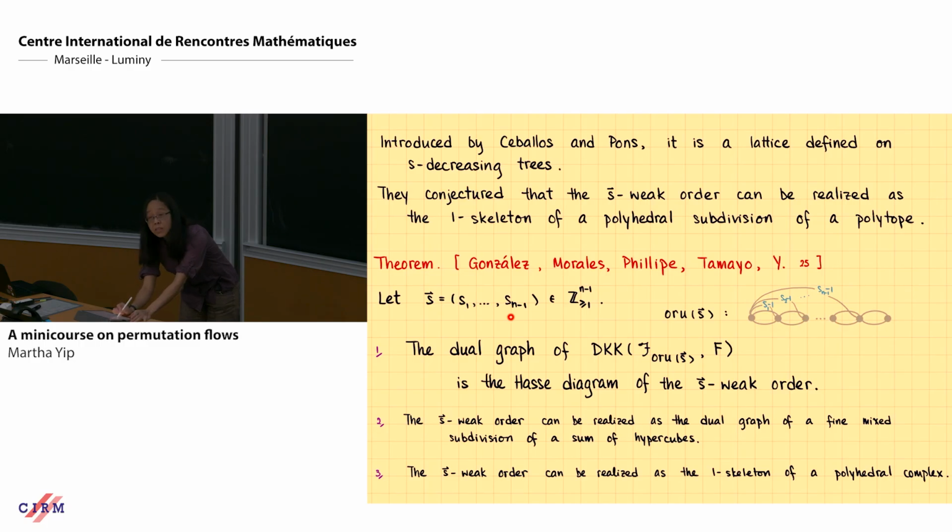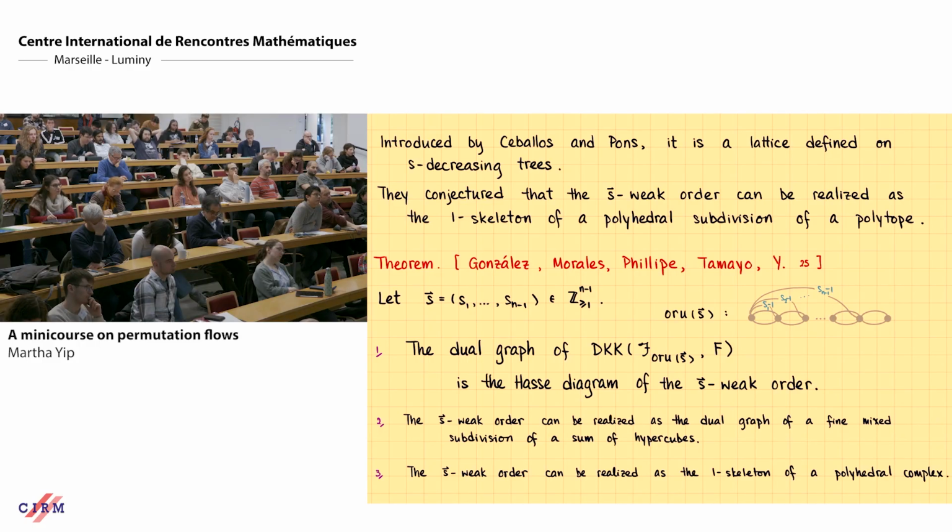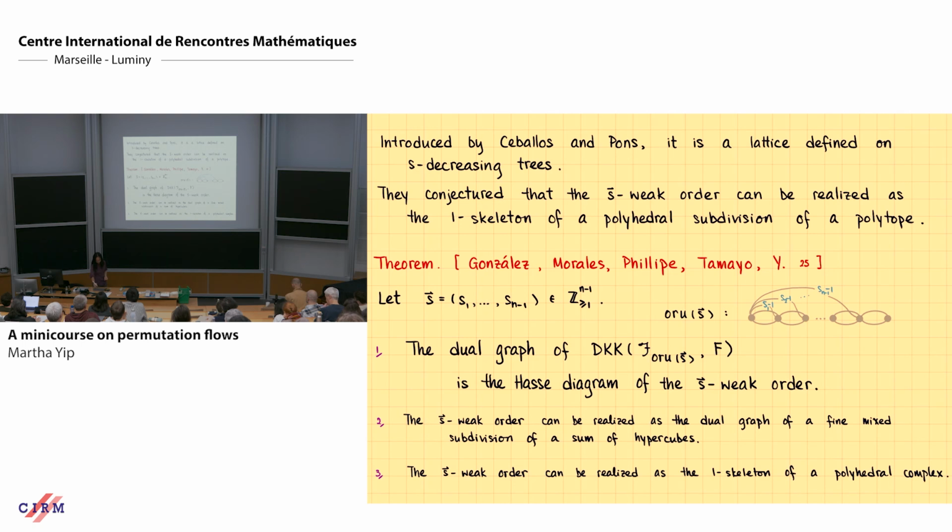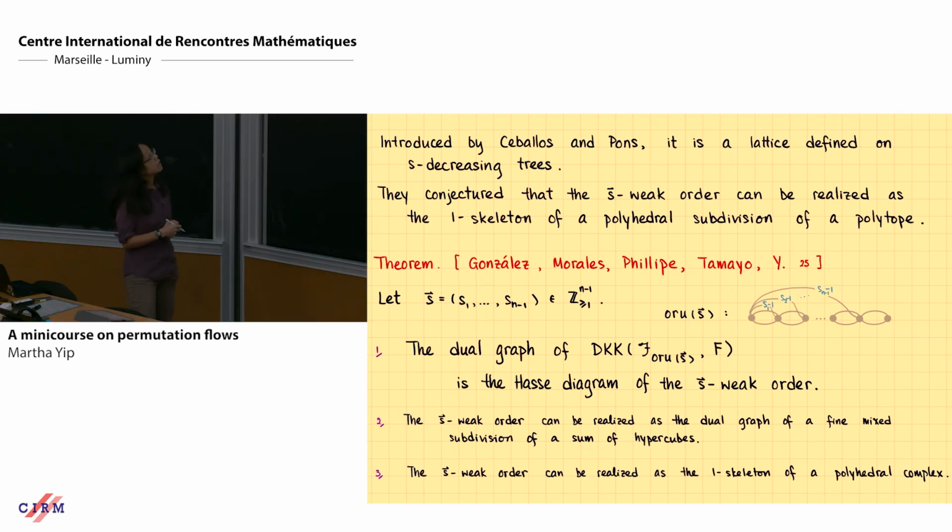Then depending on the s vector, and here I'm assuming that each s_i is at least 1, I add s_i minus 1 extra copies of edges that snake in between in the framing, like that. So that's the s-oruga graph. You look at its DKK framings. The dual graph has a Hasse diagram of the s-weak order. And then there are some other geometric realizations of this. The last one came from tropical geometry.